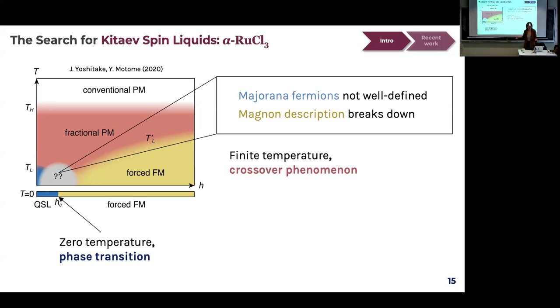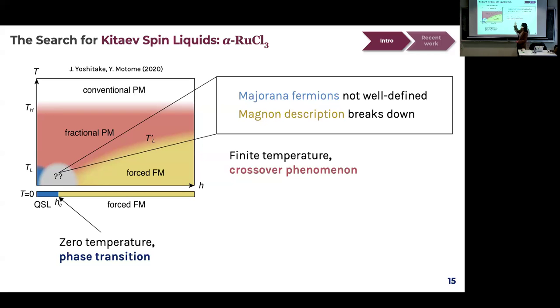And at finite temperature, Majorana fermions are not well defined, first of all. So analytically, it's hard to describe them. And second of all, magnons near this crossover regime, because we're at finite temperature now, it's a crossover from the quantum spin liquid to ferromagnetic state.